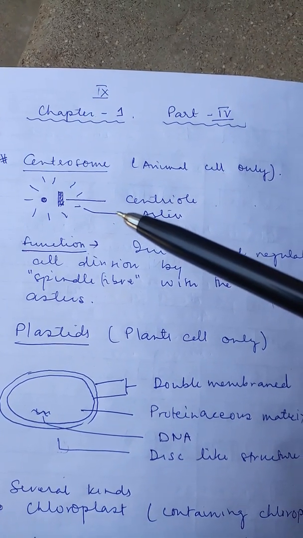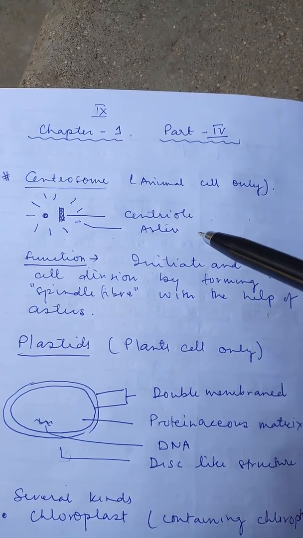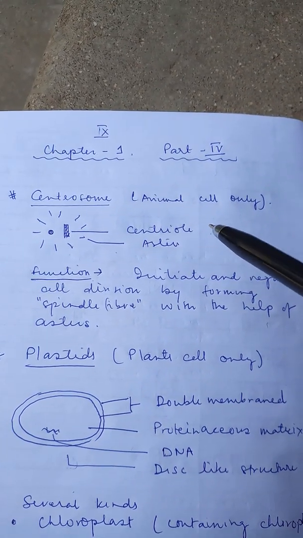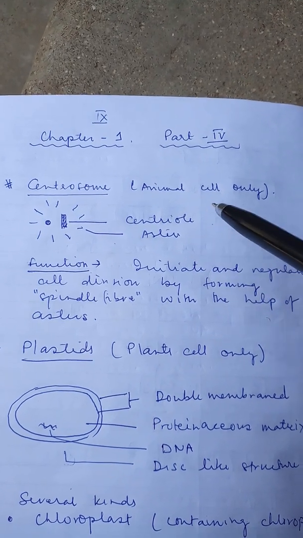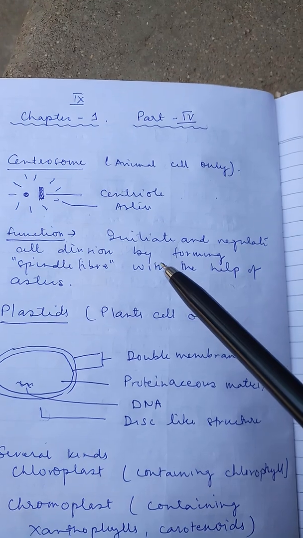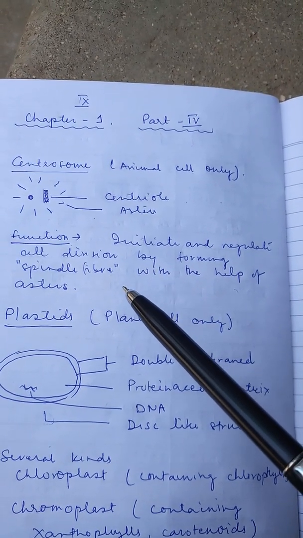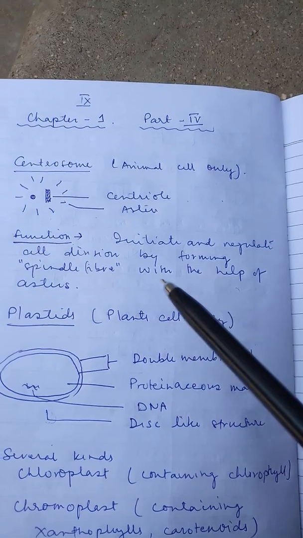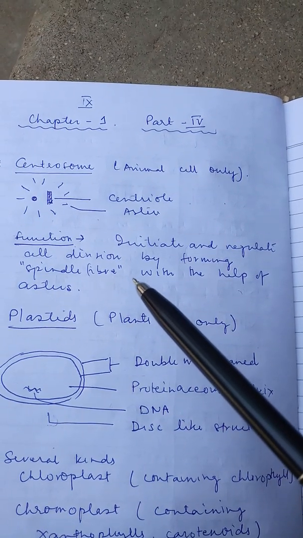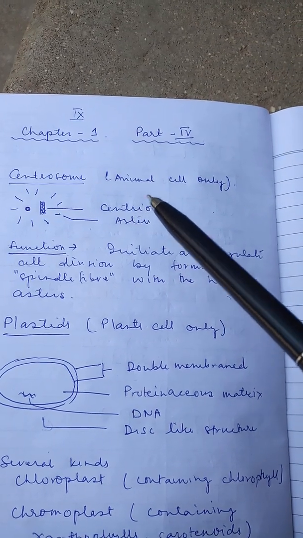This centrosome is always found near the nucleus, because whenever a cell divides, the nucleus divides first, followed by the division of cytoplasm. So the function of the centrosome is to initiate and regulate cell division by forming spindle fibers with the help of asters. This centrosome is absent in plants.